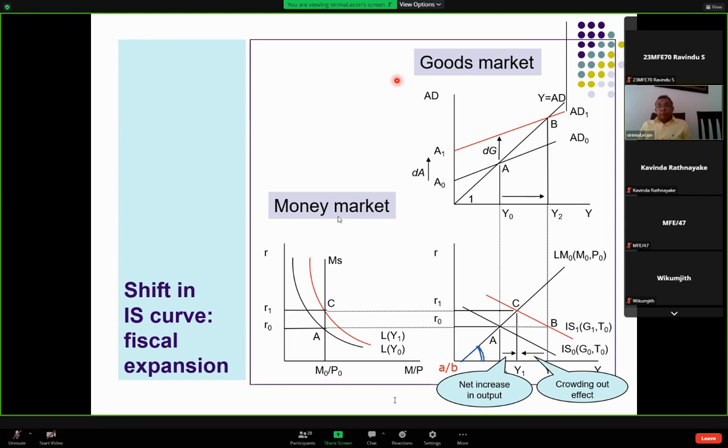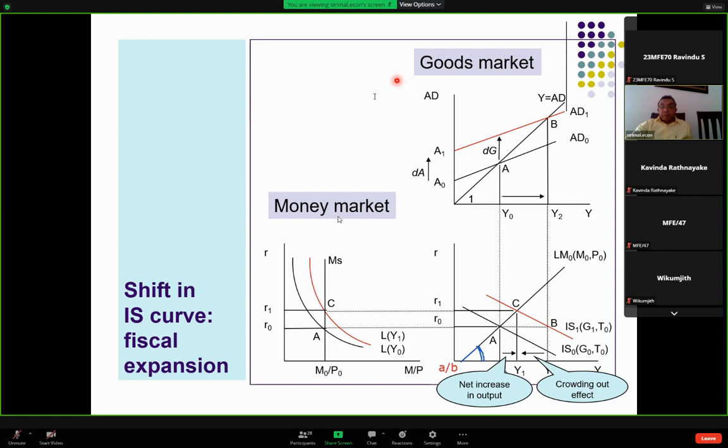Simple A over simple B. So simple A tells us the sensitivity of money demand to changes in income level. Simple B tells the sensitivity of money demand to interest rate change.